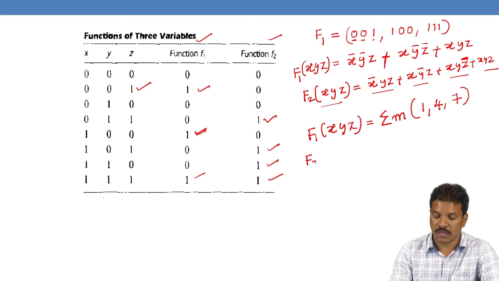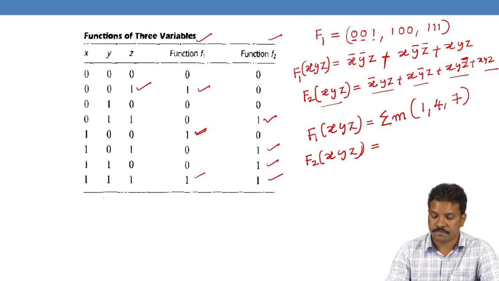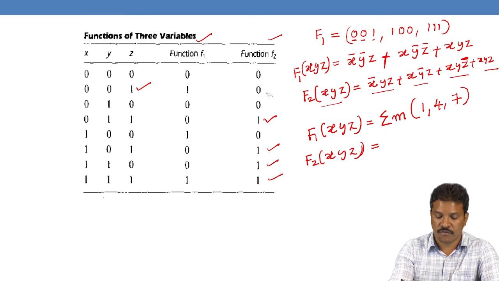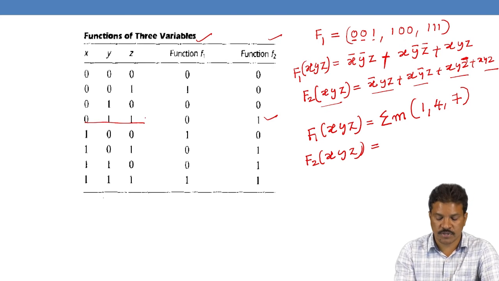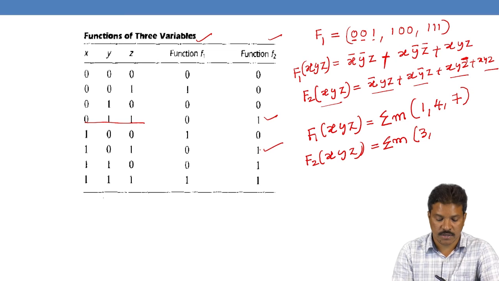Similarly, f2 of x y z is equal to, what are the combinations for f2? The combinations with output logic 1: 0 1 1 means 3, 1 0 1 means 5, then 6 and 7. So 3, 5, 6, 7.